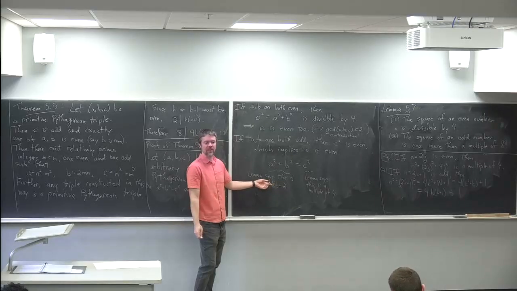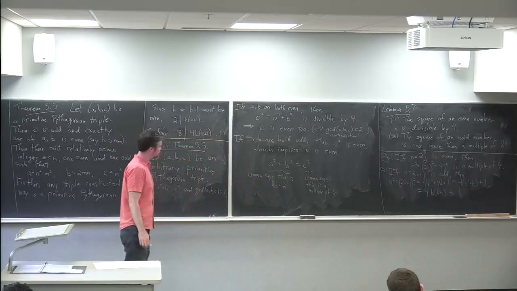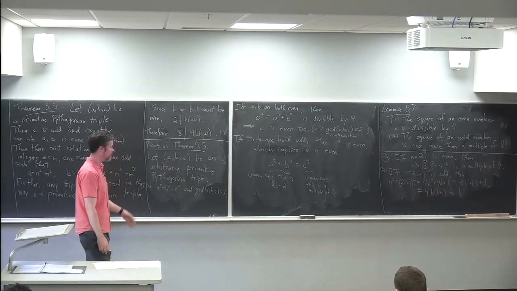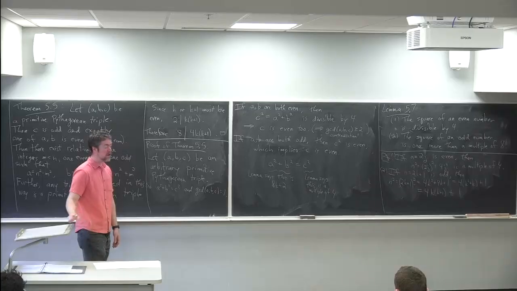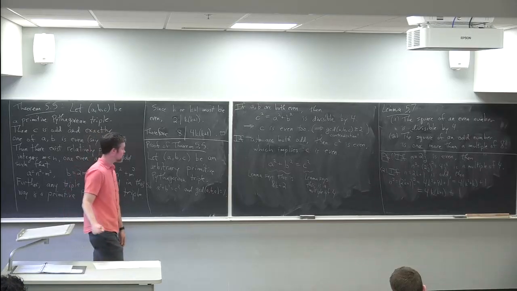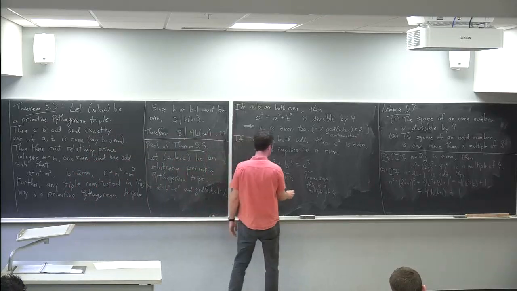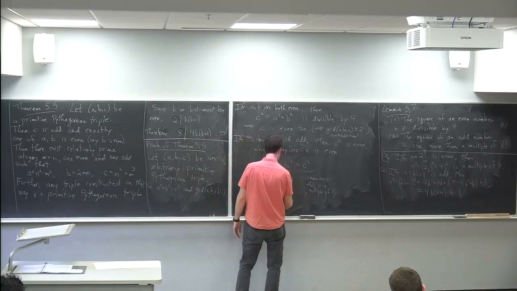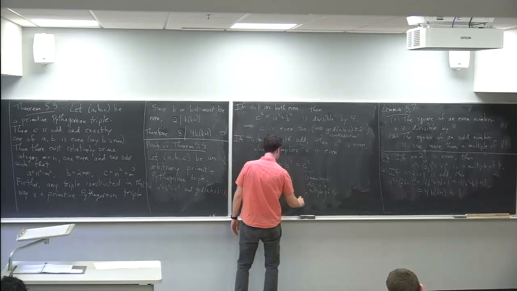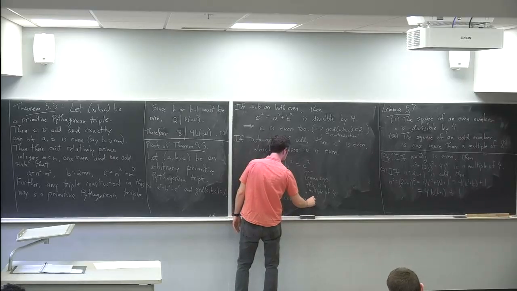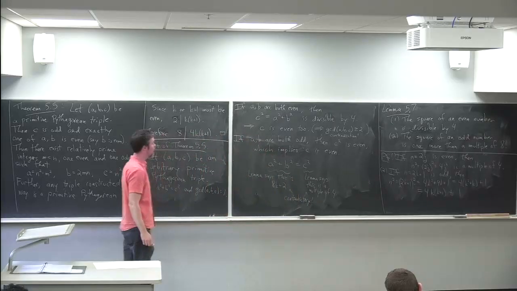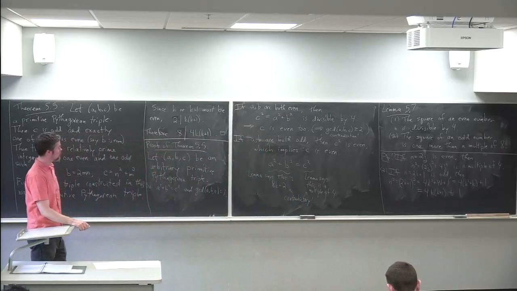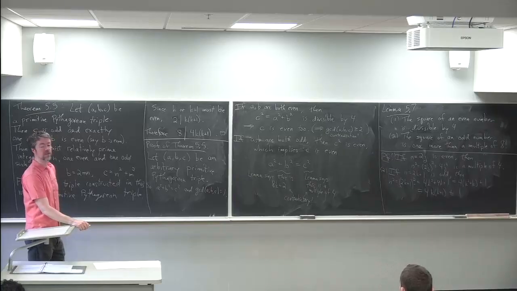Something that's 2 more than a multiple of 8 is in fact also 2 more than a multiple of 4. So it's not a multiple of 4. Okay, so this is a contradiction. These two facts are contradictory facts. So it cannot be that A and B are both odd, because that makes you run into this contradiction.